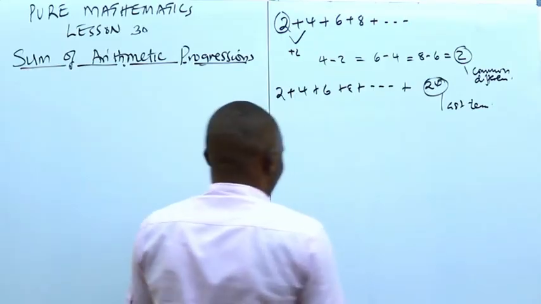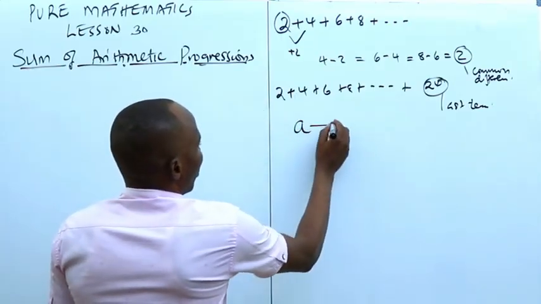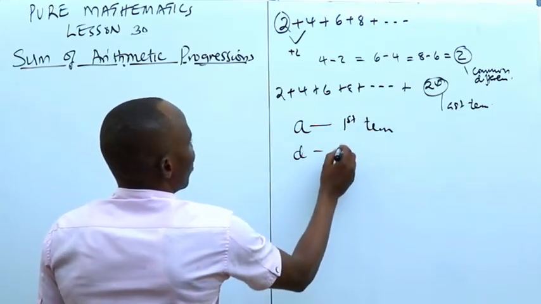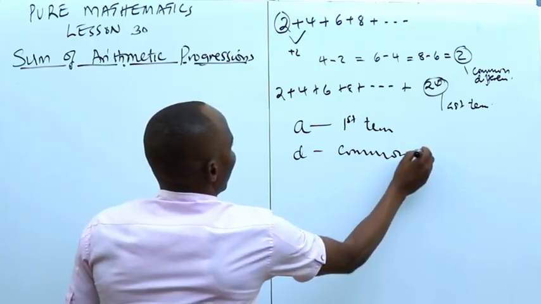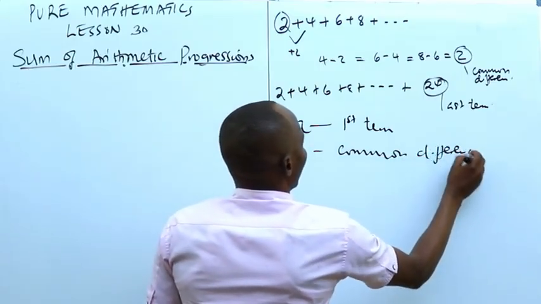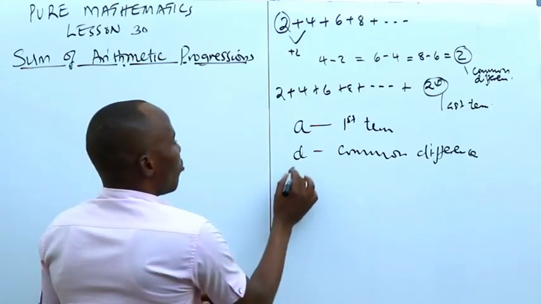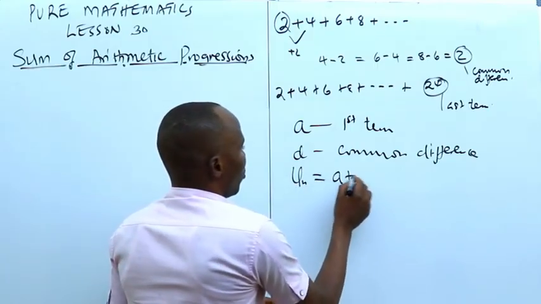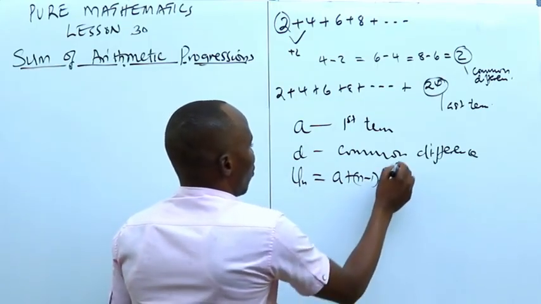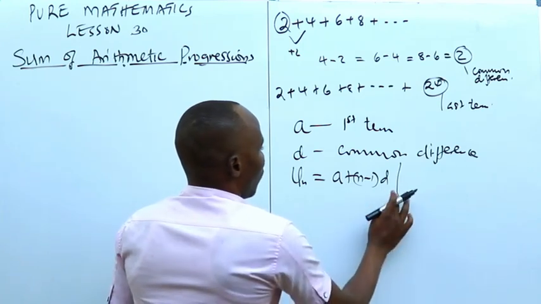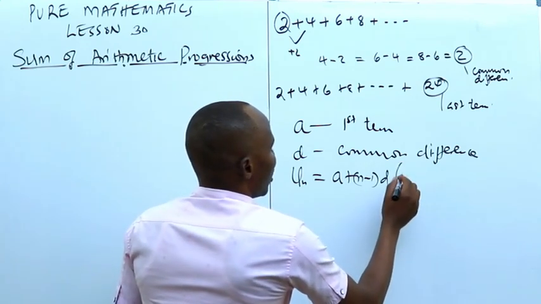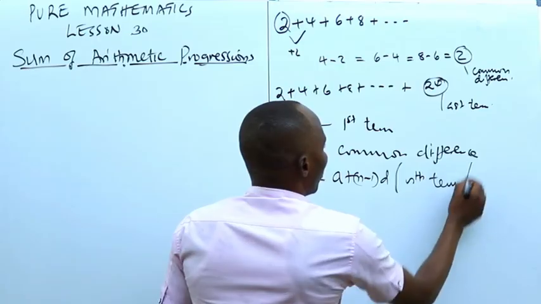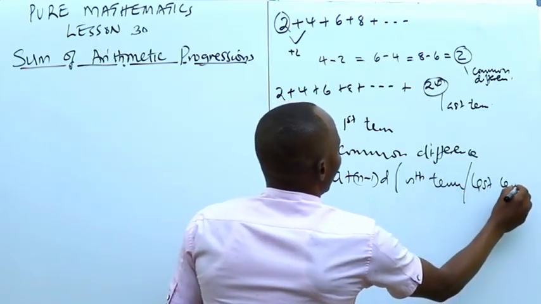So, particularly for APs, we talk of A as the first term, D as the common difference. Then we also talk about Un, which is A plus (n minus 1)D, or if we don't call it the nth term, it can be called the last term.